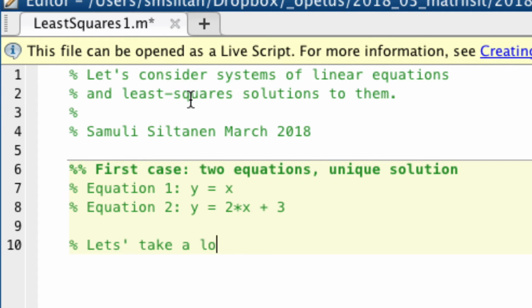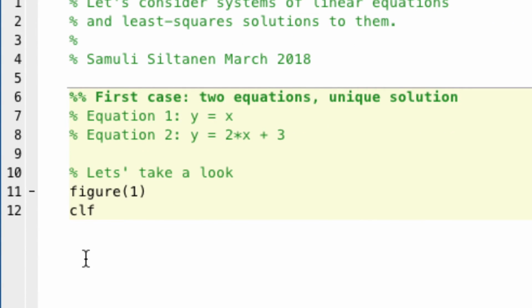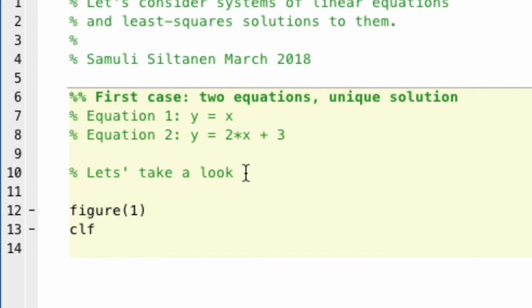So let's take a look. In Matlab, usually I like to open a window and clear it. This is clear figure because we will anyway run this file many times over and over, so we clear the previous ones. Let's make a set of evaluation points, for example, from -2 to 2 and maybe 500 points.